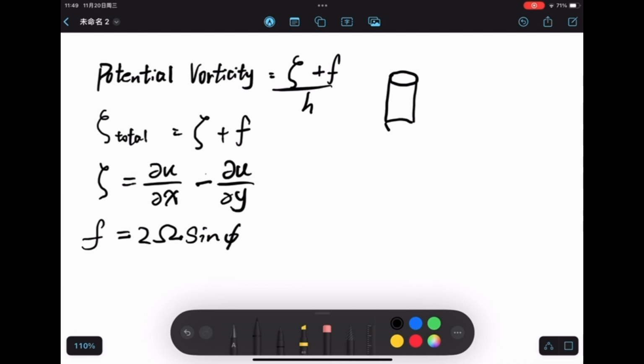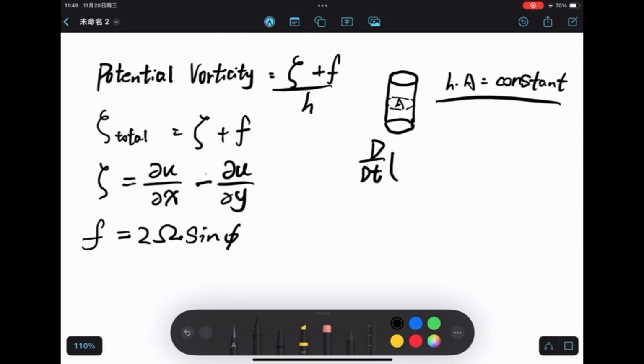Now consider a water column of thickness h moving in the ocean, assuming no mass is added or removed. The volume of the water is conserved, so hA is constant, where A is the cross-sectional area of the water column. So we can get the differential of the potential vorticity to be 0. So the potential vorticity is constant.